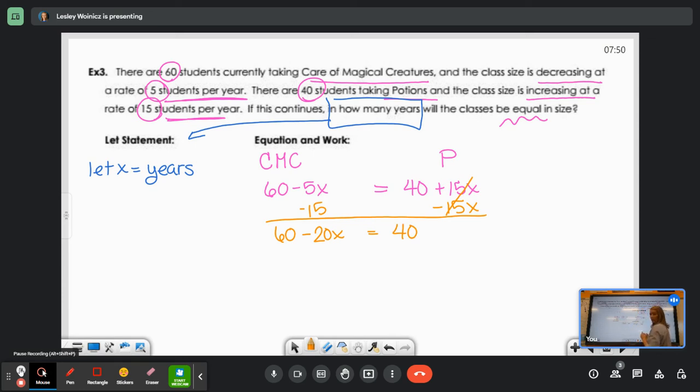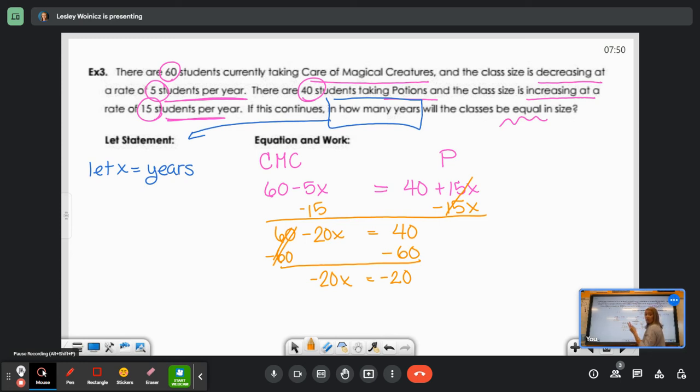Okay, now I want my constants on the opposite side from my x. So I'm going to subtract 60 from both sides to cancel these. Okay, now I get negative 20x equals negative 20.